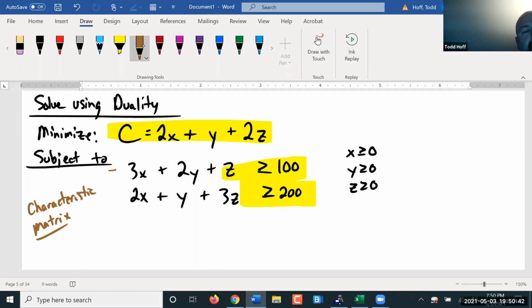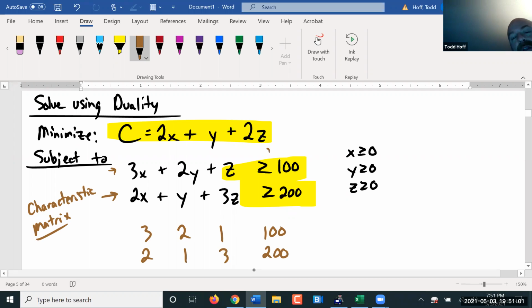So my first constraint here, and all I'm going to put in is the coefficients, 3, 2, 1, and 100. Very similar to what I put into Excel, except I don't have that blank spot here to put the formula in. I use the second constraint, which is 2, 1, 3, and 200. Again, all of these must be greater than or equal to, or we cannot put them in here as a dual.